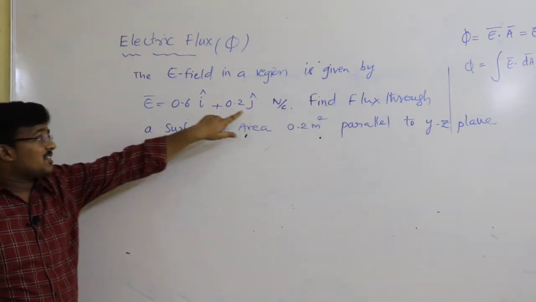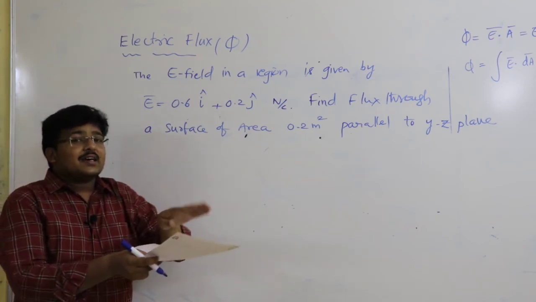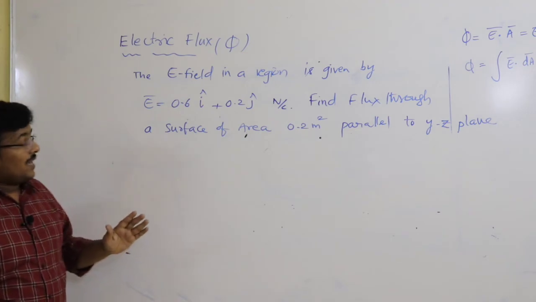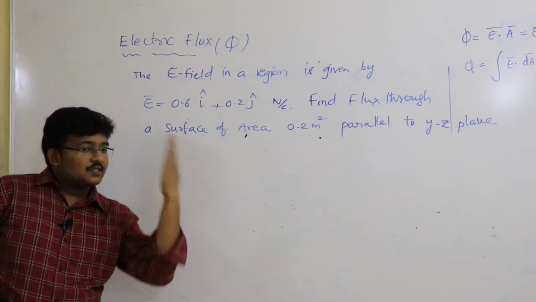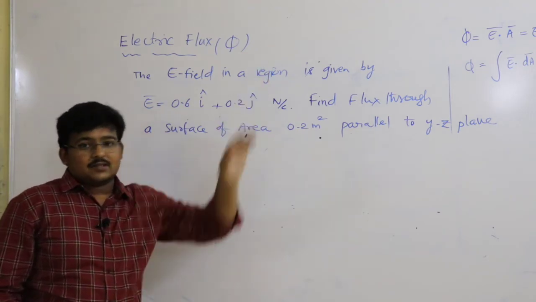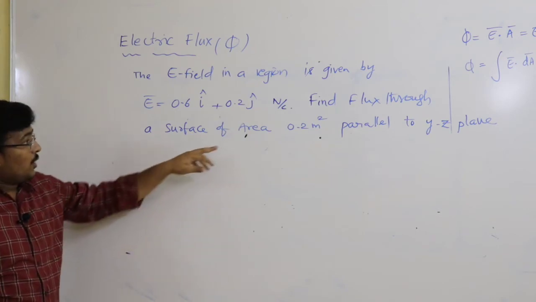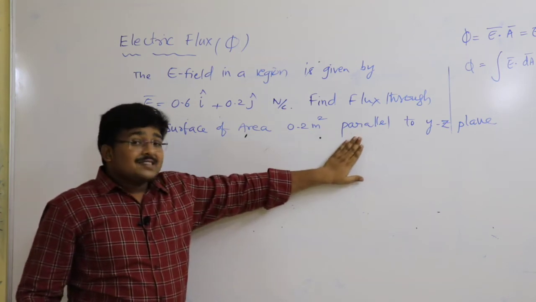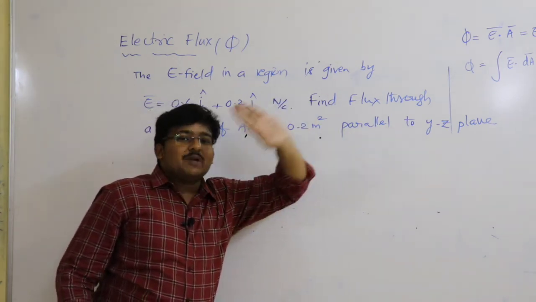See, this is I cap, J cap, which means the electric field is in the X and Y plane. This is X axis, this is Y axis. The electric field lines are like this, in the XY plane. And now they are asking for the flux through an area which is parallel to the YZ plane.